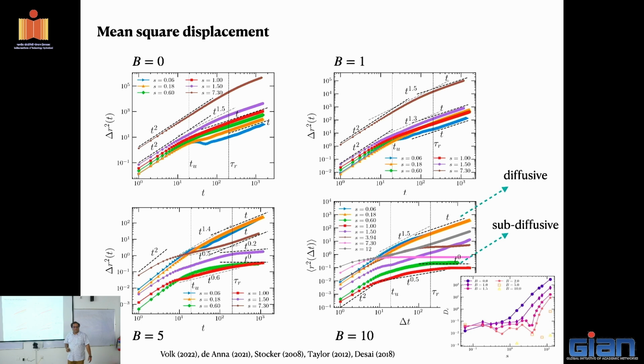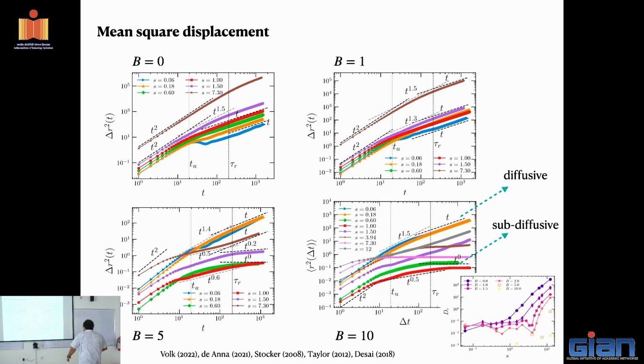It becomes flat. Then let us look at B equals 10 and S equals 7.3. It's again flat. So they are confined effectively, but this particular MSD is not able to tell us what actually is happening, whether they are moving or in what fashion they are moving.